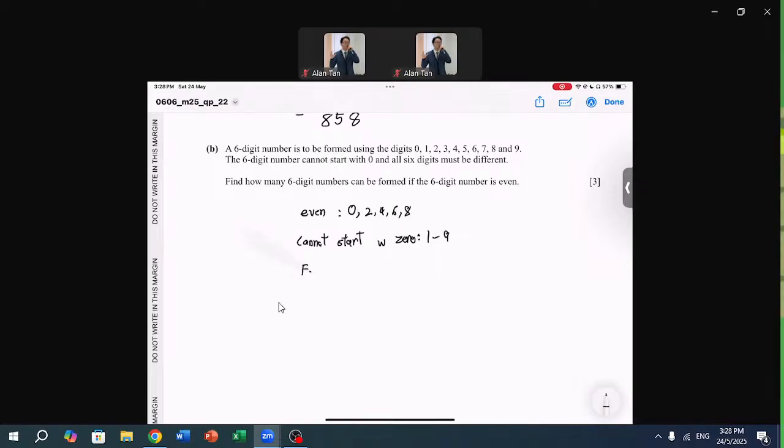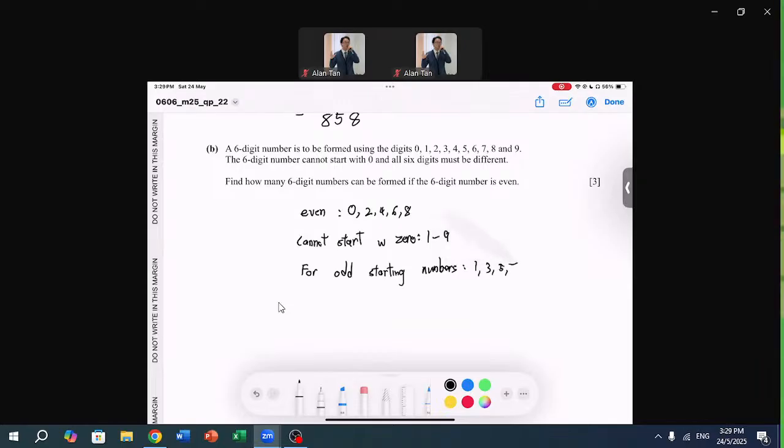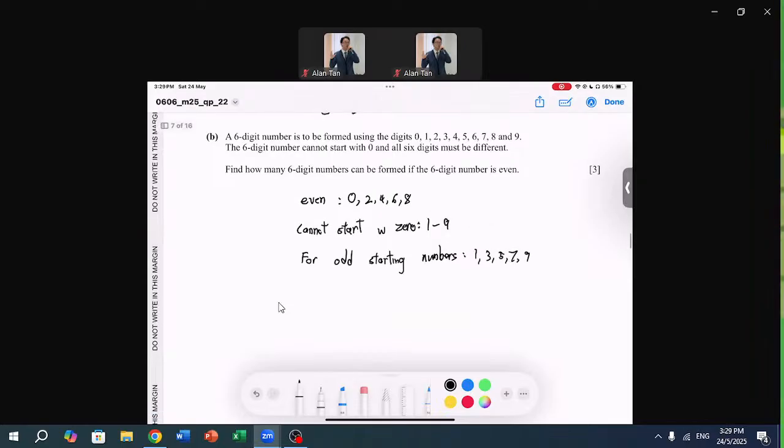For odd starting numbers, which are 1, 3, 5, 7, 9, 5 of them, the first number is locked.